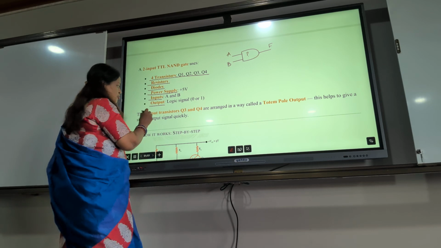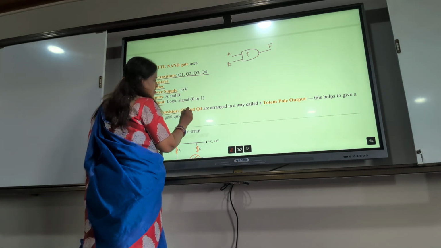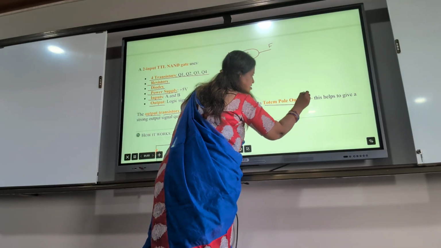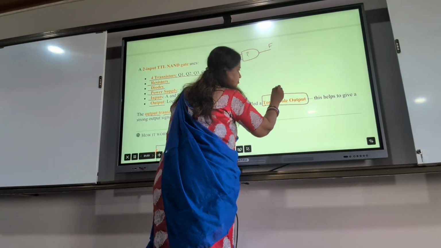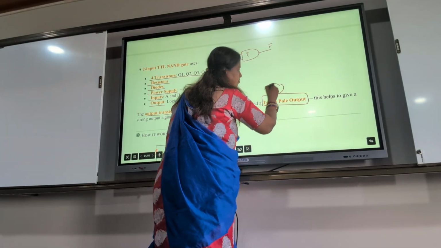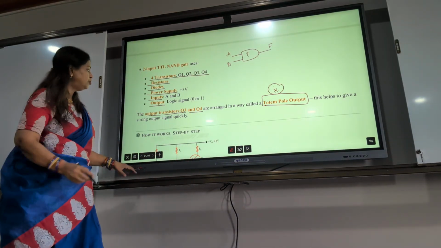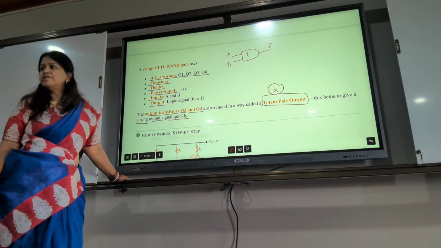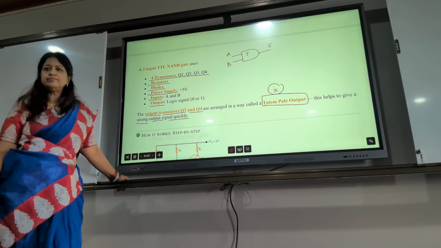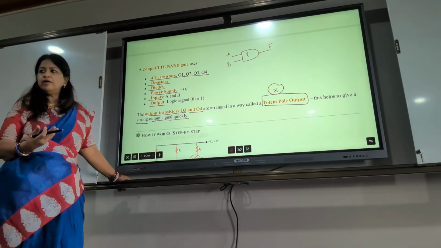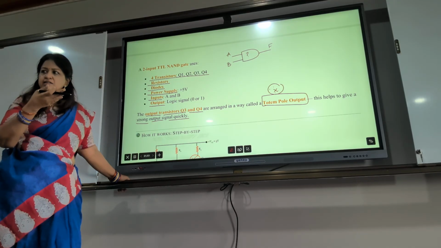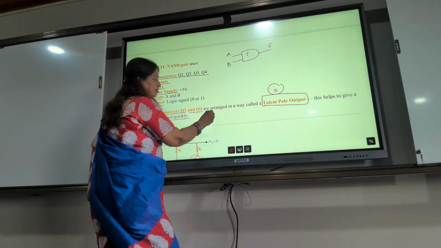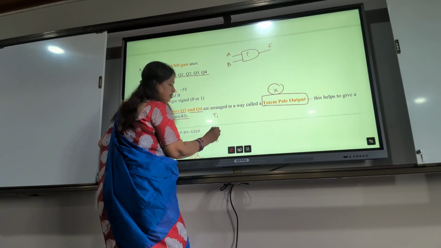One more thing to see is that the output transistors Q3 and Q4 are arranged in what is called a totem pole. This helps give a strong output signal, whether 0 or 1. Totem pole means one transistor sitting on the other.